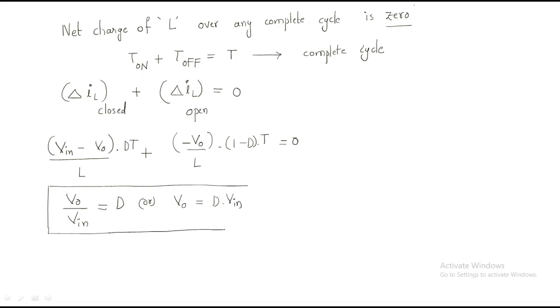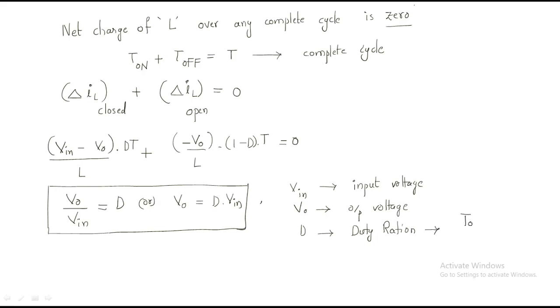V input is the input or supply voltage, V naught is the output voltage, and D is the duty ratio, also called duty cycle. What is the relation for duty ratio? Duty ratio is equal to the on time period by the total time.